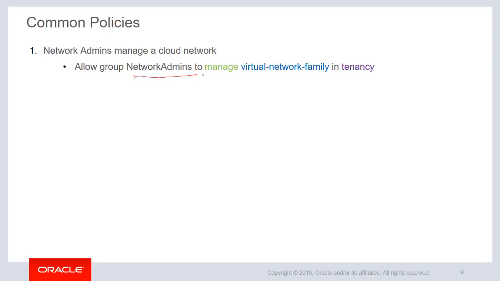And then you say manage, which is the highest level of permission or access, virtual network family. So you are writing a policy so they can manage the entire virtual cloud network family and all the components in the tenancy, meaning your account. This is the simplest form of policy you could write.